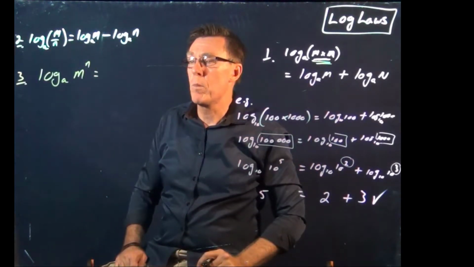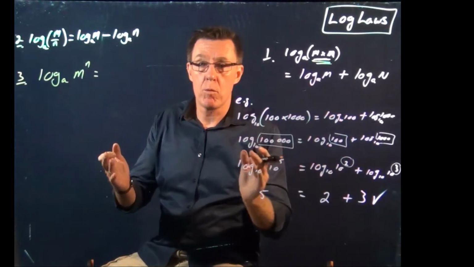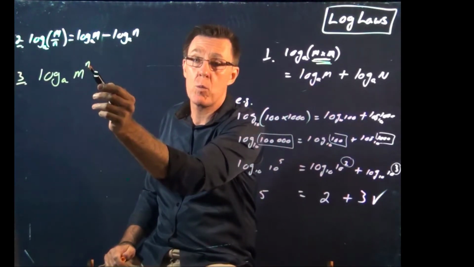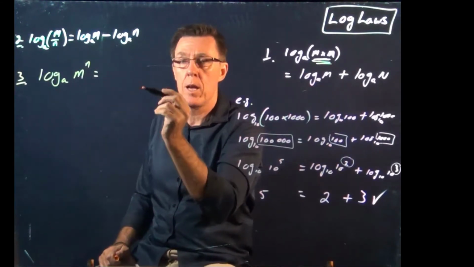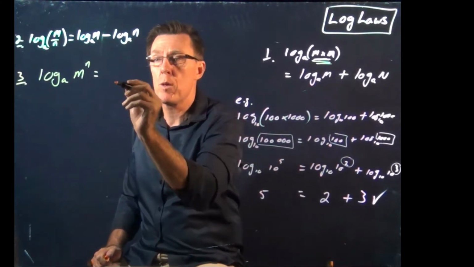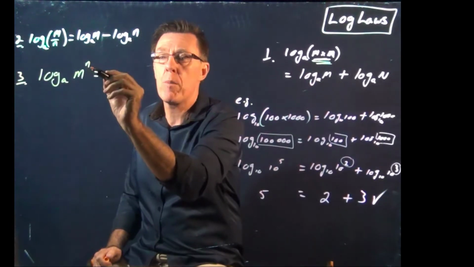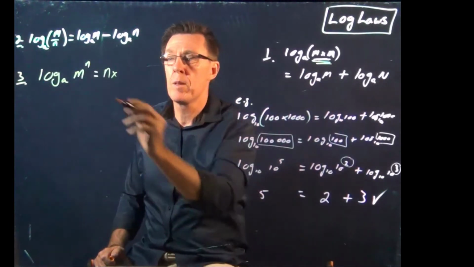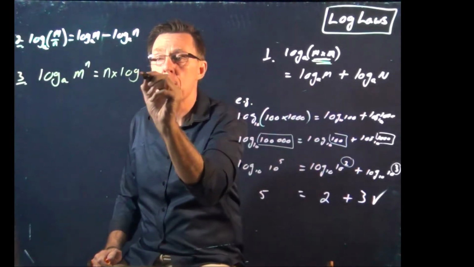Now in rule number 3, this is what we call the power law of logarithms, because I've got a logarithm here and I've been raising it to a power. So in this one, what you're allowed to do is this power up here, the power of n, is allowed to come out the front as a multiplier, and then everything else stays exactly the same.